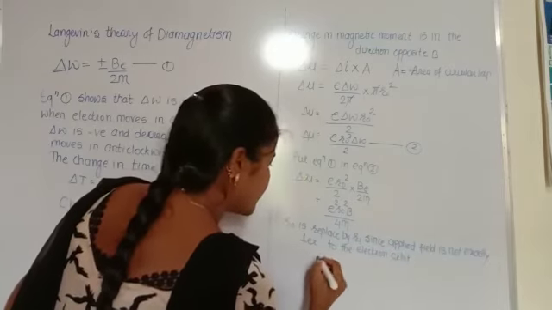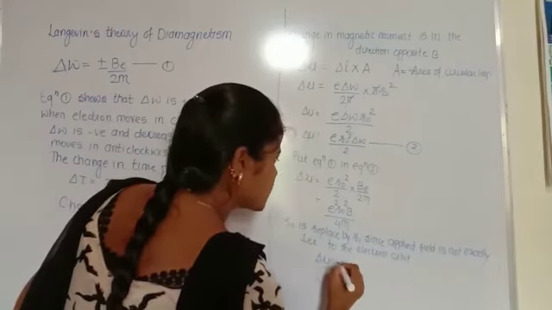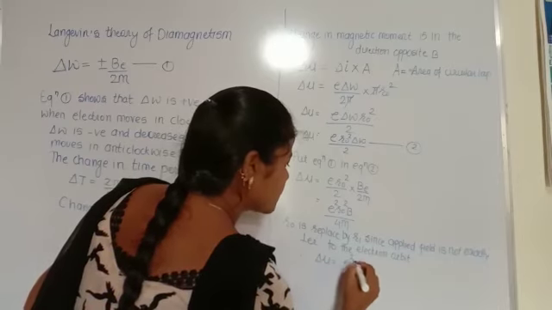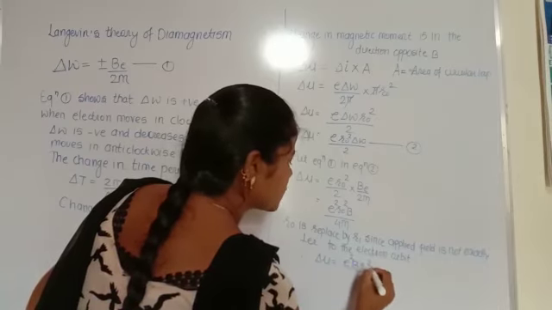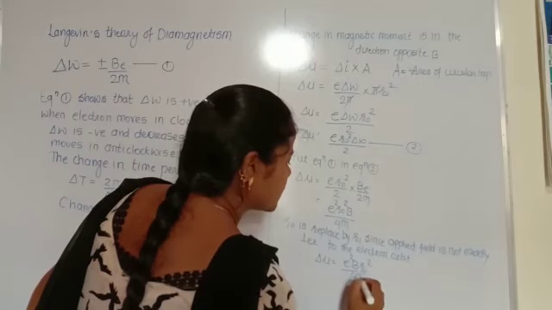Therefore we write delta mu equals e square B r1 square divided by 4m.